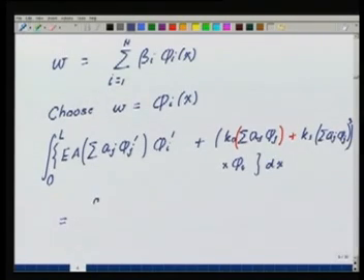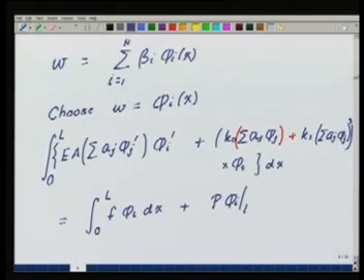This is equal to integral 0 to L f phi_i dx plus P phi_i at L.